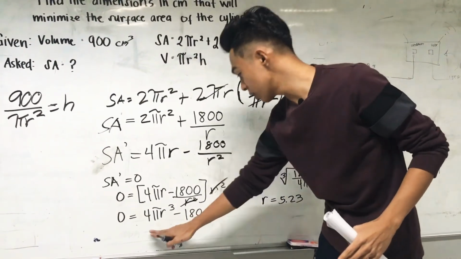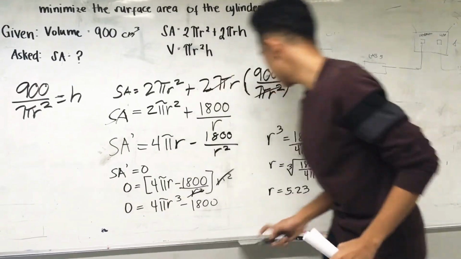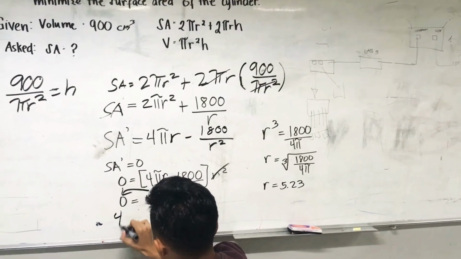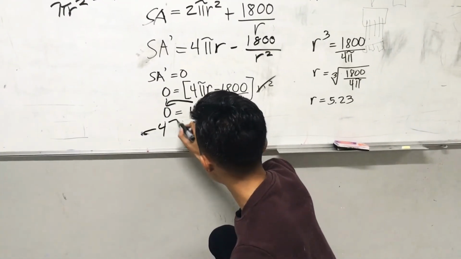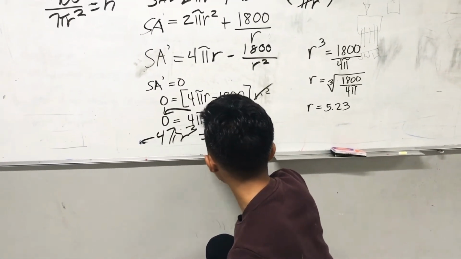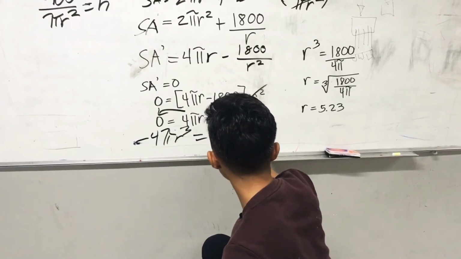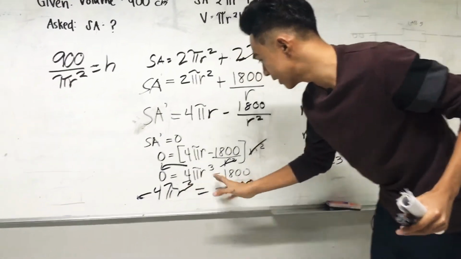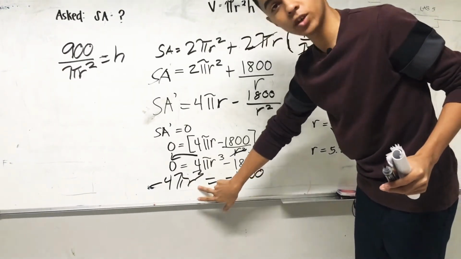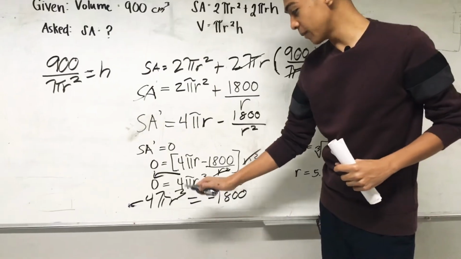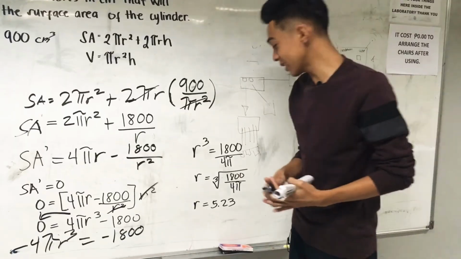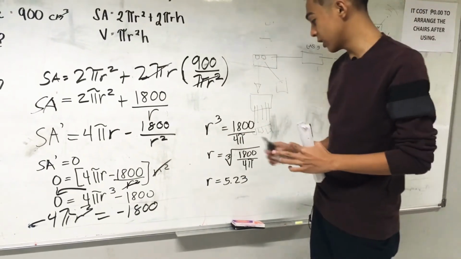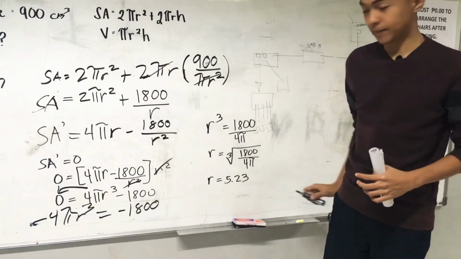After that, we transpose this term to the other side: negative 4 pi r cubed is equal to negative 1,800. In order to have only r cubed on this side, we divide both sides by negative 4 pi. We then get r cubed equals 1,800 over 4 pi.